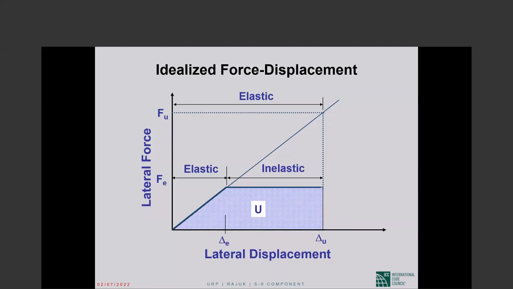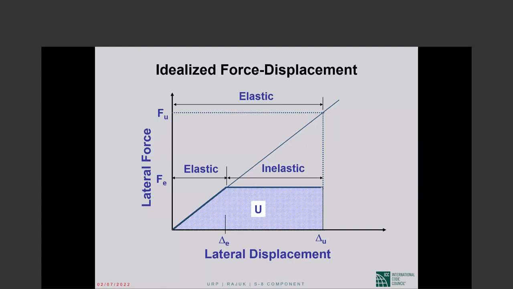And inelastic deformation capacity is the range of inelastic deformations over which full factored gravity loads can be sustained. If full factored gravity loads can be sustained over a long range of inelastic deformation, the structure has large inelastic deformation capacity.